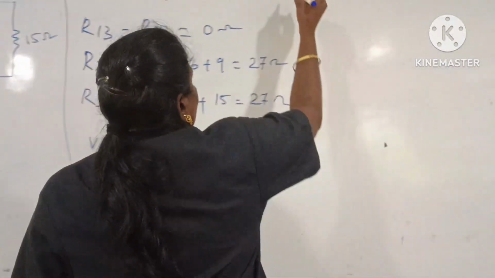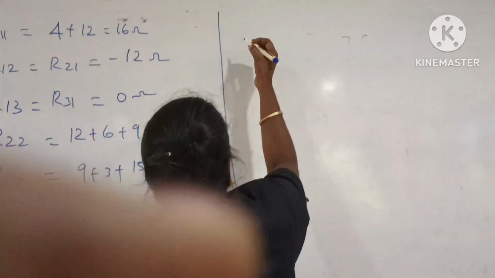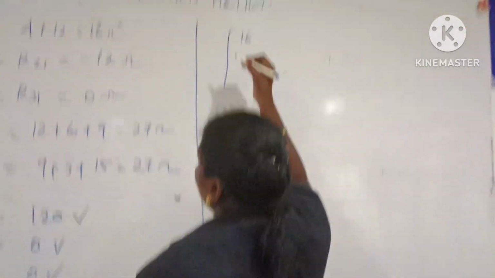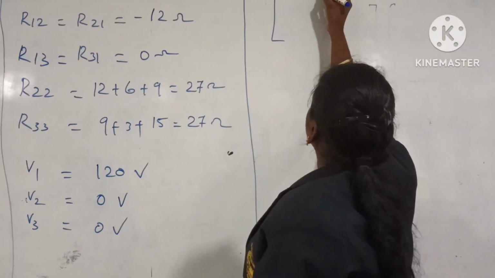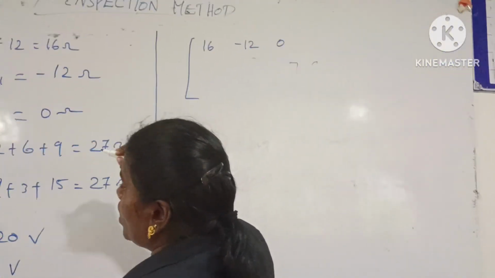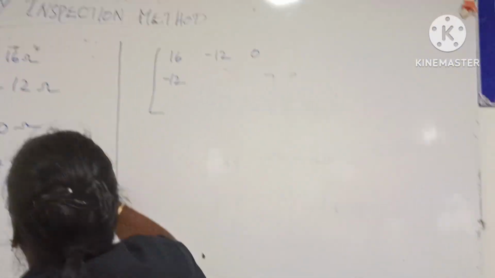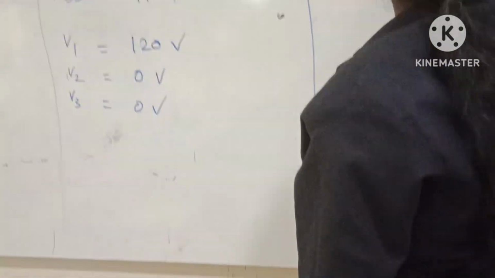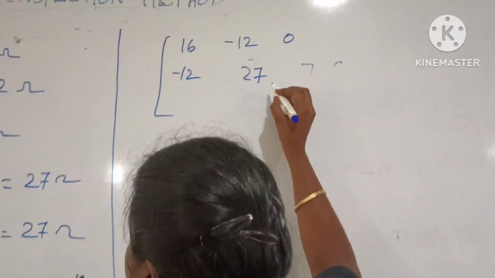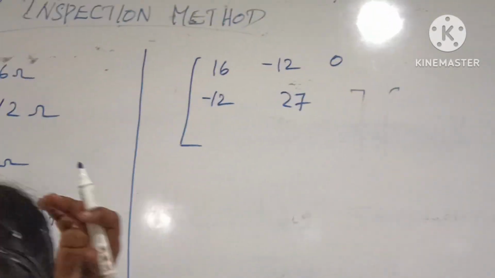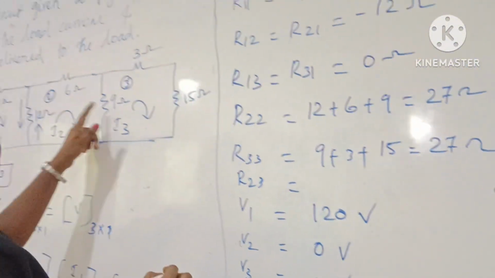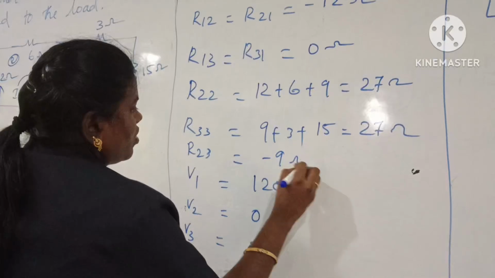So we have to form the general matrix. R11 is 16 ohm, R12 is minus 12 ohm and R13 is 0, R21 is minus 12, R22 is 27 ohm. Now find R23. The common resistance of loops 2 and 3 is minus 9 ohm.